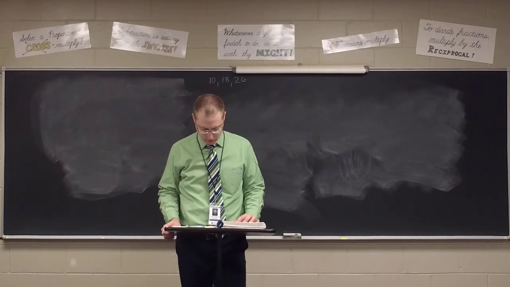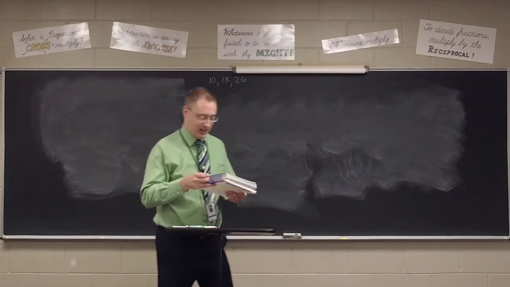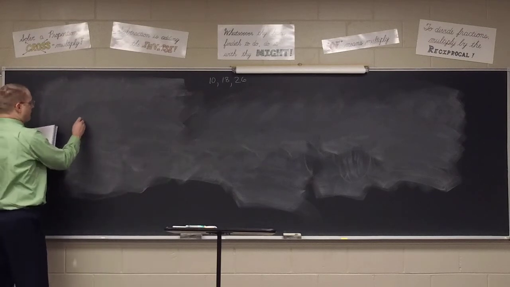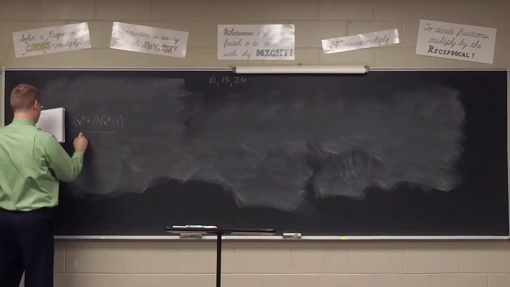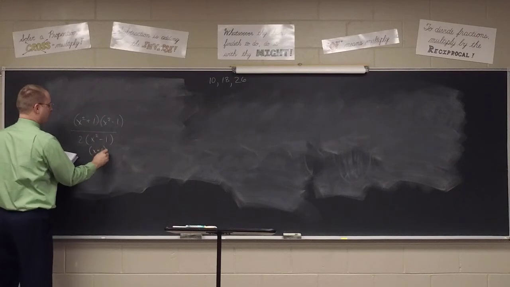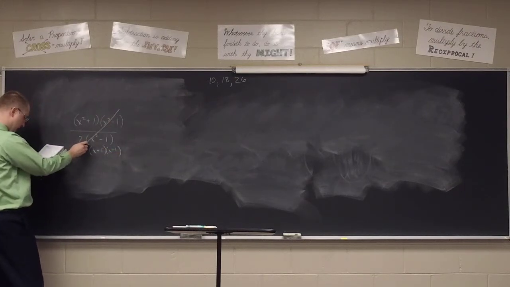X cannot equal positive or negative 1. There we go. X negative 1 over 2x, where x cannot equal positive or negative 1. So we actually didn't need the x can't be 0. Should have factored x squared plus 1, x squared negative 1. Should have factored 2 times x squared negative 1, which is x plus 1, x minus 1. But I'm just going to allow these to cancel like that.